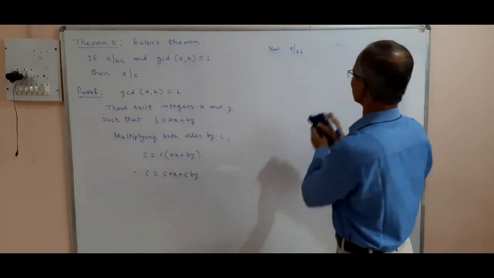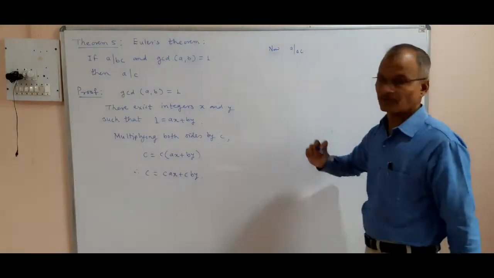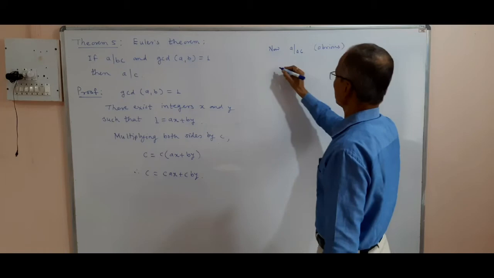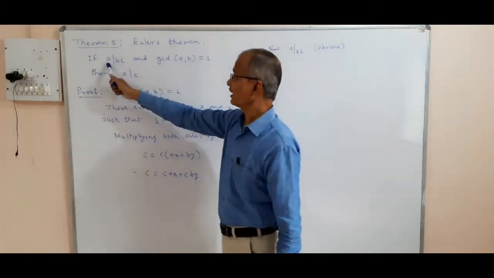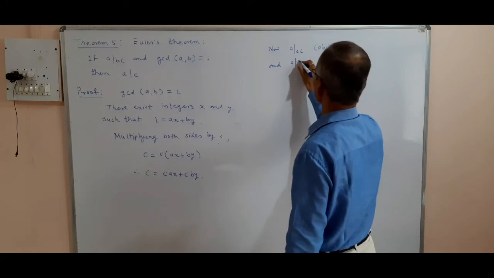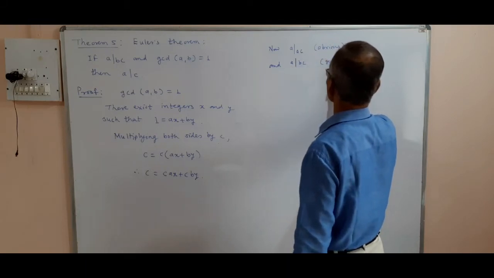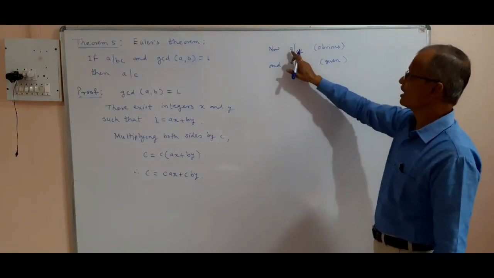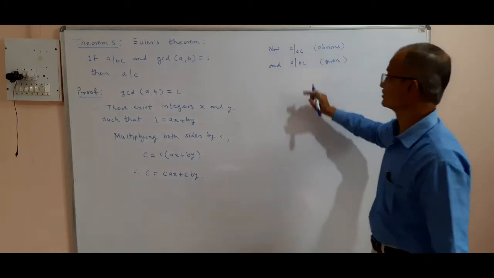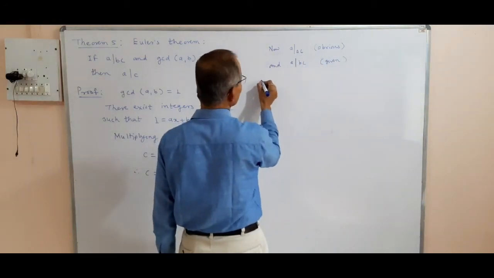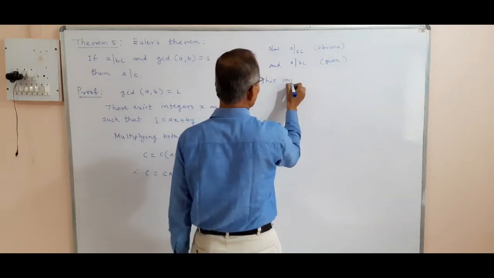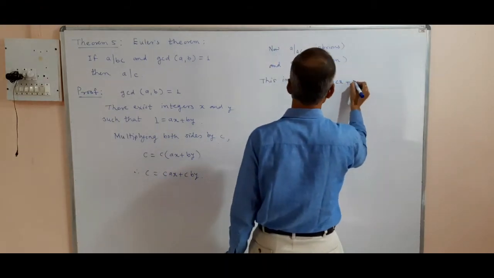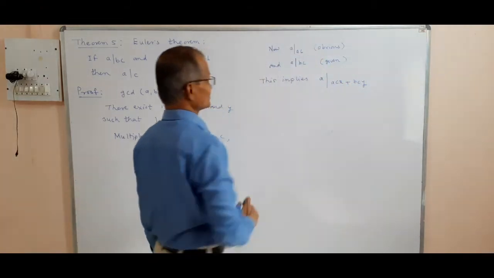This is obvious because AC is a multiple of A. And secondly, it is given A divides BC. This is given in the theorem. And what the two together imply, A divides AC, A divides BC, means A divides a combination of AC and BC. So this implies A divides ACX plus BCY. Combination of this, Theorem 1.